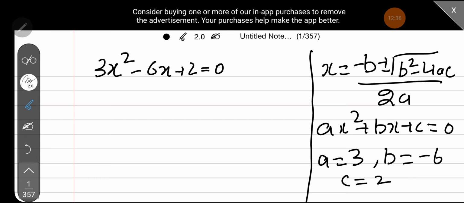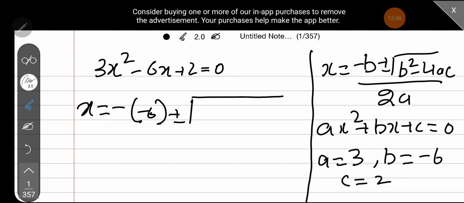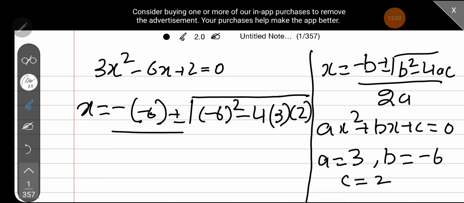So put all these values in the formula: minus b, which is minus of -6, plus or minus the square root of b square minus 4ac, where a is 3 and c is 2, divided by 2a.